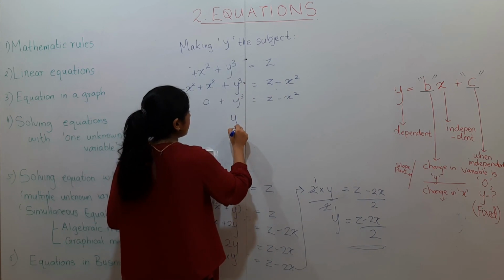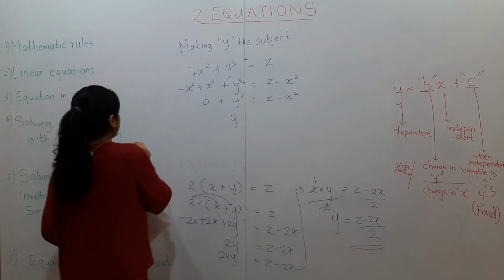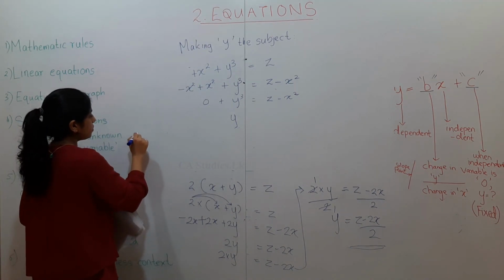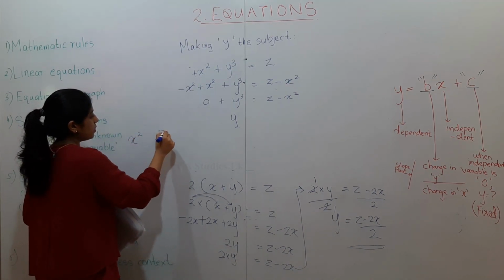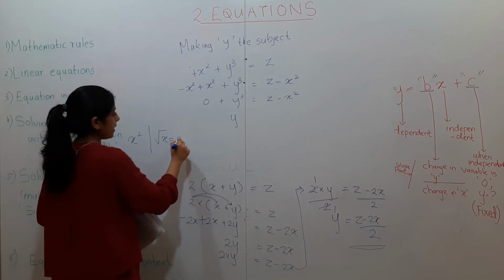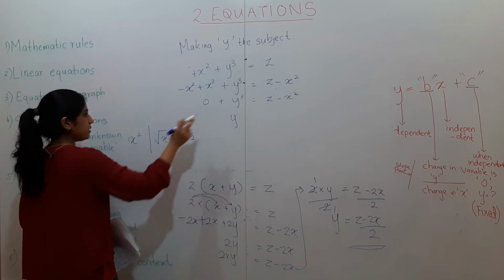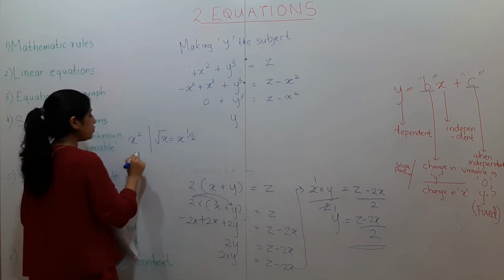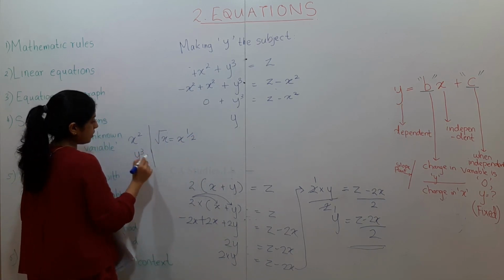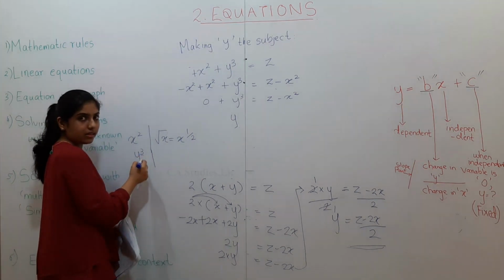In the opposite sign, I told you something with a square, where we learned that the opposite of x squared is root x, and this can be written as x to the power half. Now, it is y cube, known as y cube when we write y to the power 3.